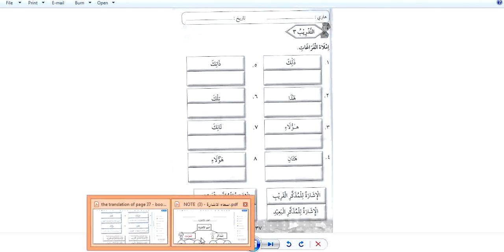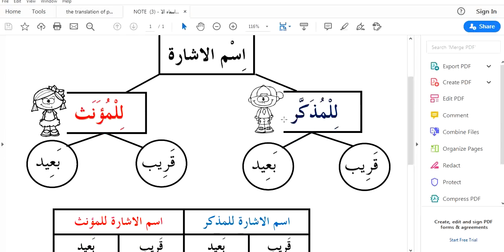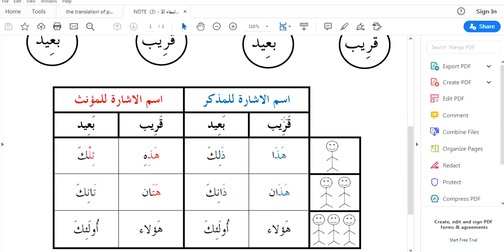And if you remember this one, this is a note that I showed you in the previous videos. As I said, قريب means near, بعيد far, مذكر for boy, مؤنث for girl, starting with هذا. So this is for 2, for 3.